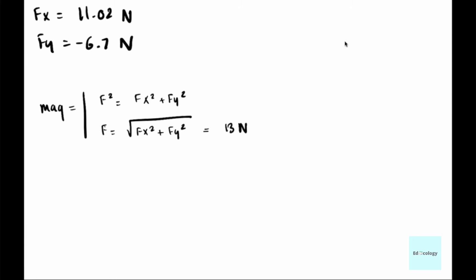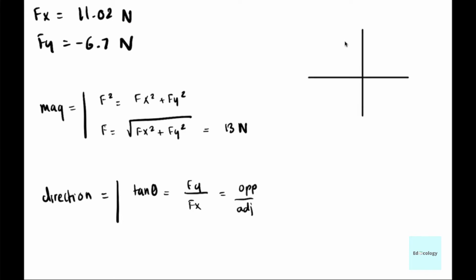Now for the direction, you will use tan theta equals Fy over Fx, or opposite over adjacent, because if you see here, this is y and this is x.